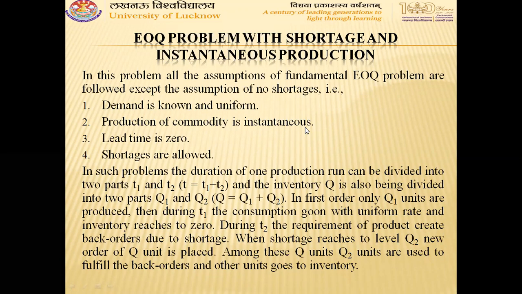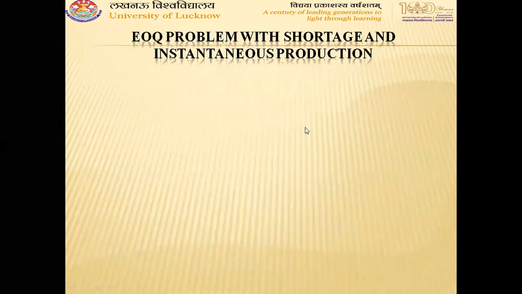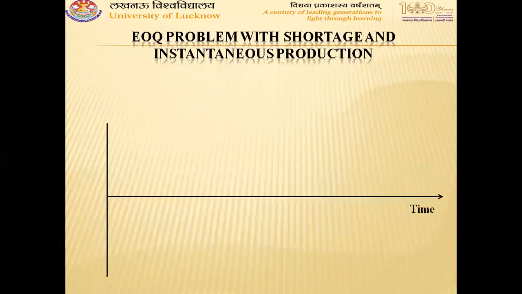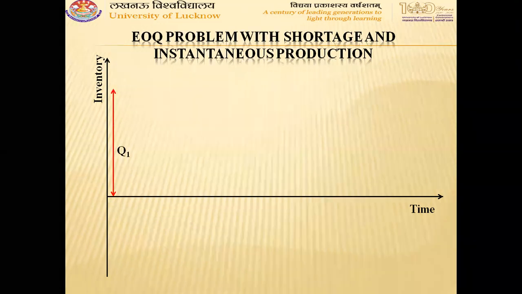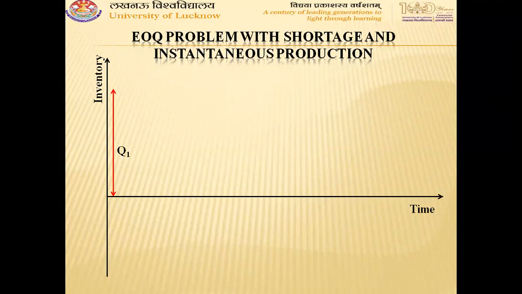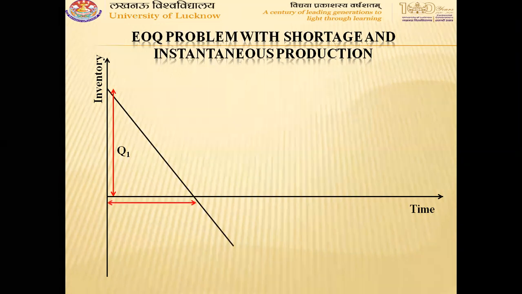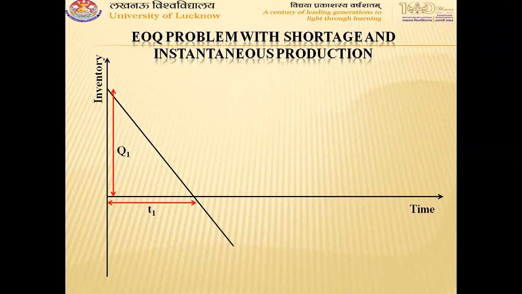This can be explained easily with the help of this graph. We have two axes, time and inventory. At point 0, Q1 units will be ordered, and production is instantaneous, so upon ordering they will be available immediately. Then the inventory starts decreasing, and at the end of T1 it becomes 0.